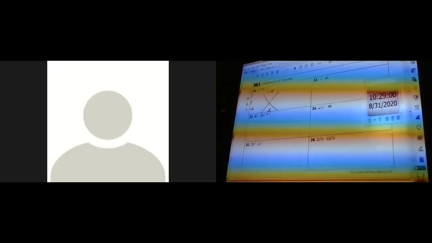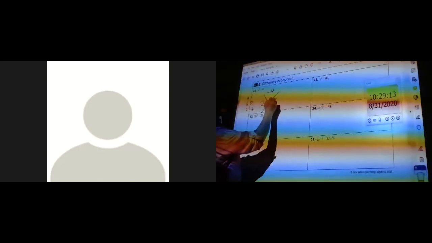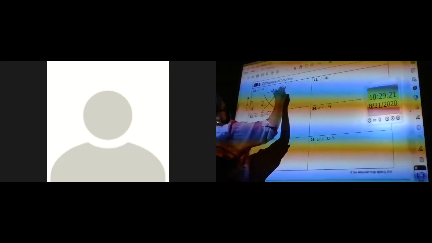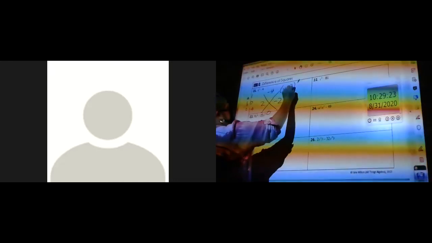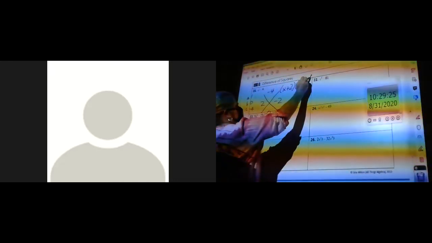What are the factors of -4 that will add together to get 0? 2 and -2. So then you have x plus 2, x minus 2.